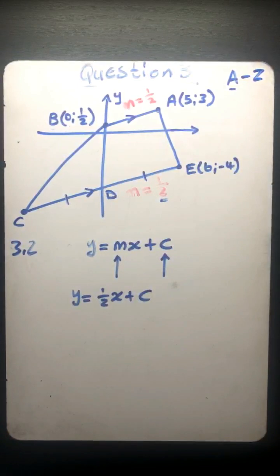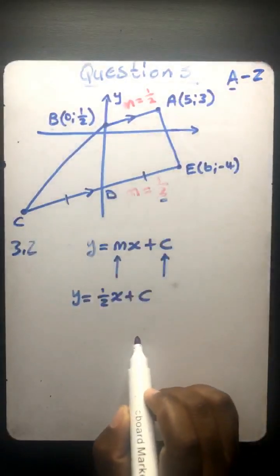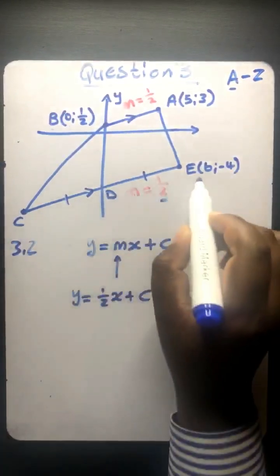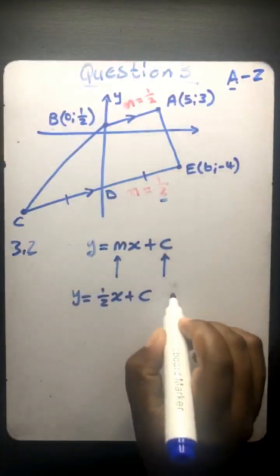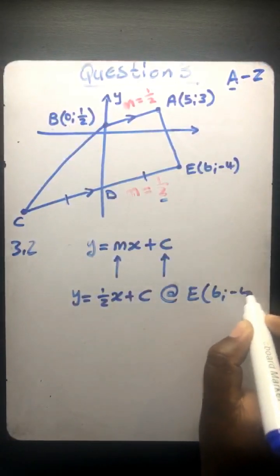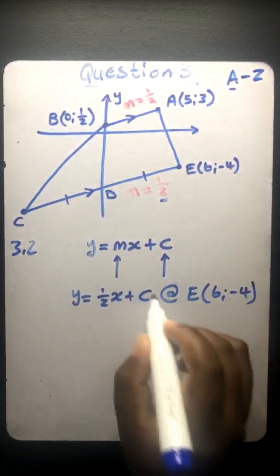You ask yourself a question: do I have a point on that line? I think I do. I don't have the coordinates of C, I don't have the coordinates of D, but I do have the coordinates of E. That is why you're going to say at E, where x is 6 and y is -4. So can you see? You make use of this point to calculate the c value.